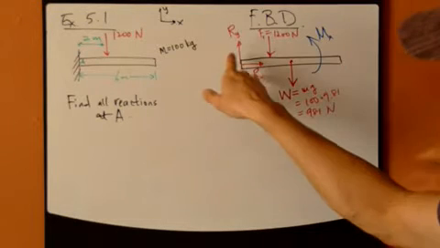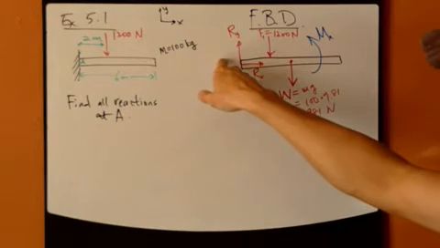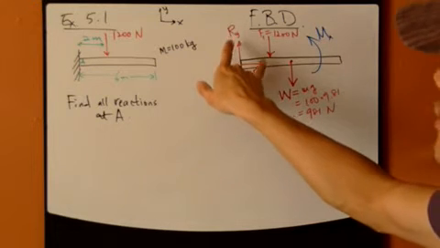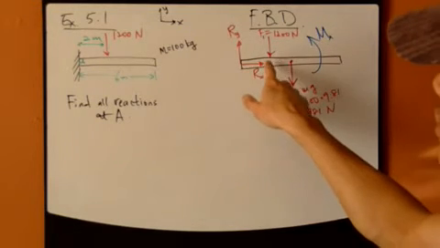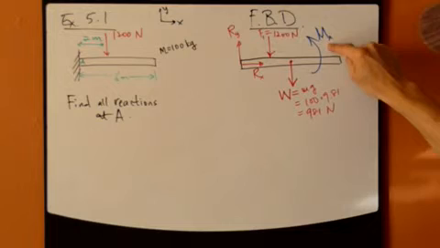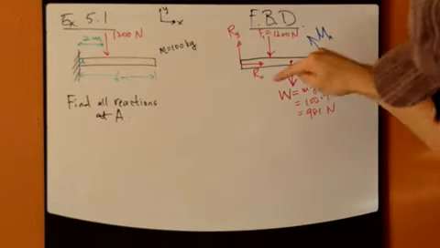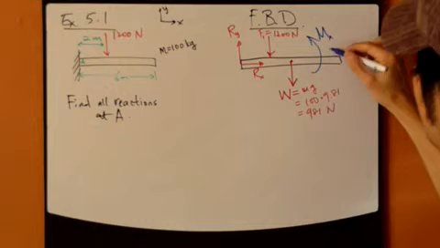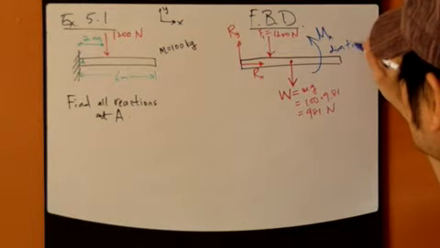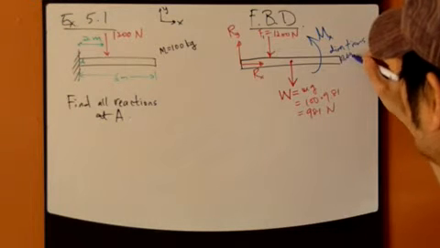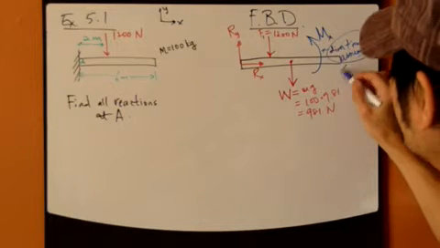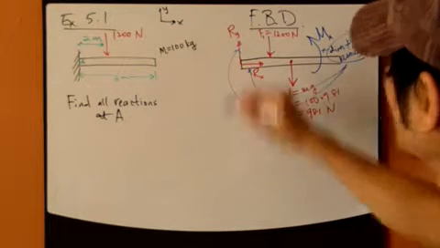But since they are unknowns, I cannot know beforehand. So I just have to assume a direction. I just assume that this goes to the right and this goes up. Similarly for MA, I don't know that this actually goes counterclockwise. So that's my assumption. Directions are assumed.